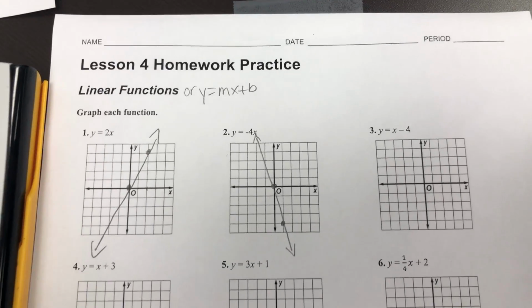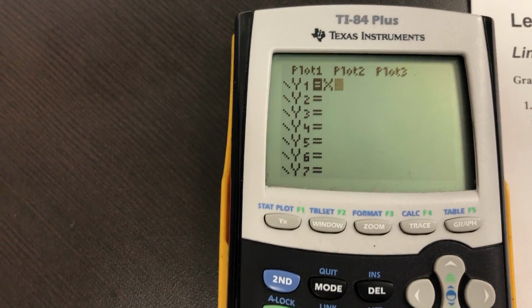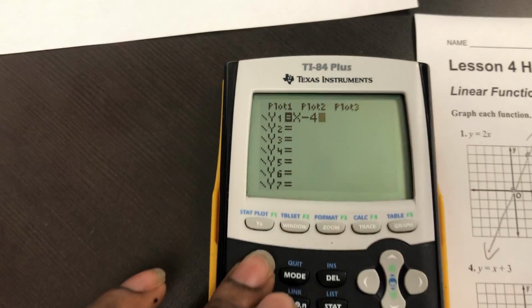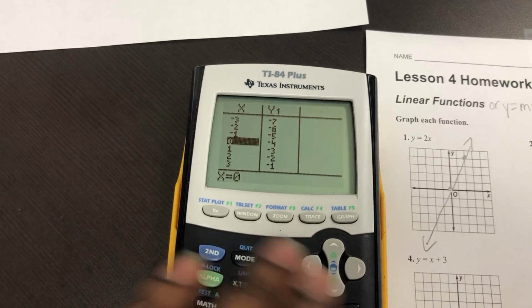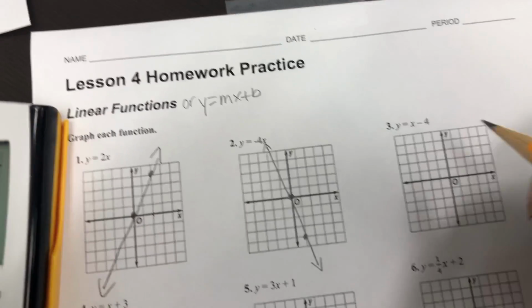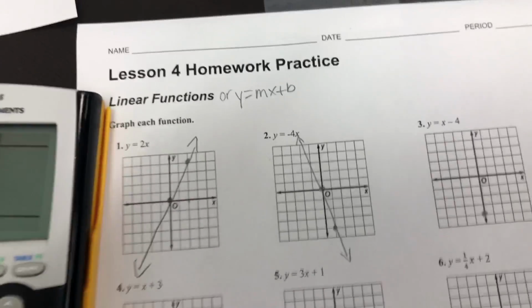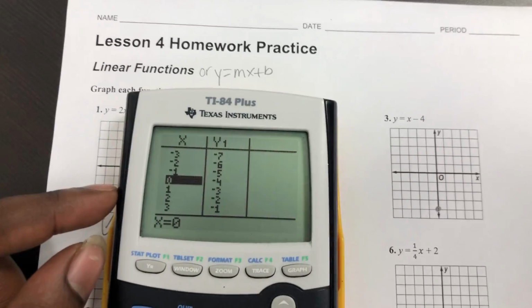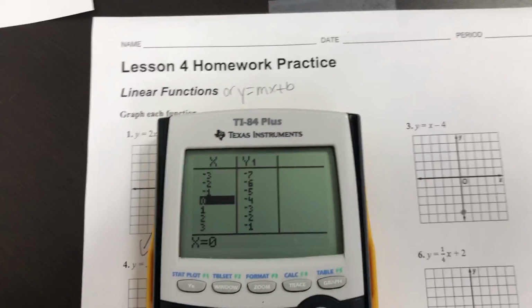So it says x minus 4. I'm just going to take that, plot it here. X minus 4. Second graph. There you go. Here's your y-intercept. So 0, negative 4. I would plot that. 1, 2, 3, 4. There's my first point. Awesome. And then a second point I can do is 1, negative 3.